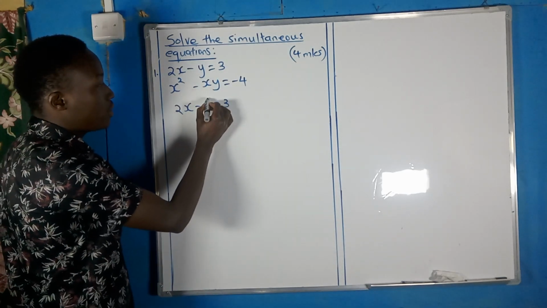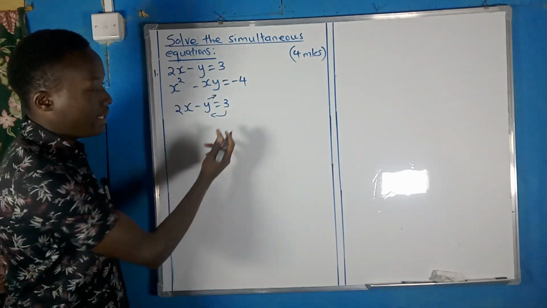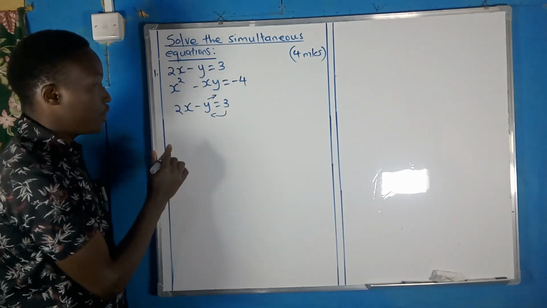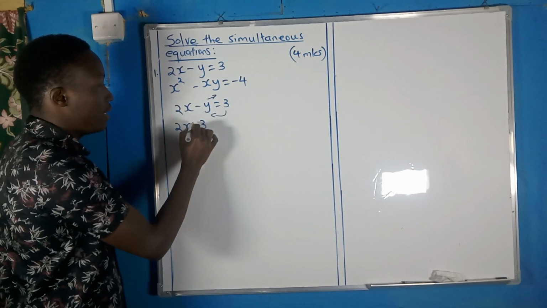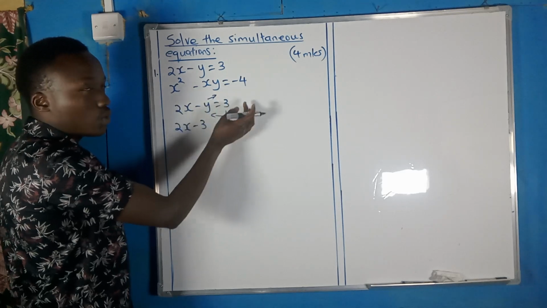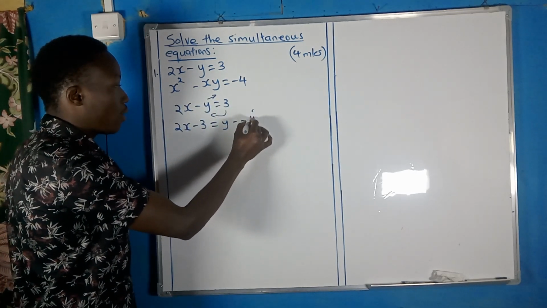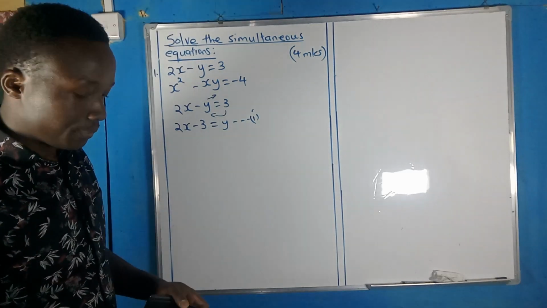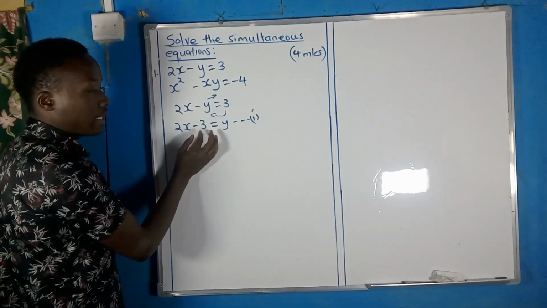So we can bring this 3 to this side, and we can have 2x minus 3. When 3 comes on this side, it will be minus. When negative y goes on the other side, definitely it's going to be y, and we can call that our equation 1. So our equation 1 is y is equal to 2x minus 3.